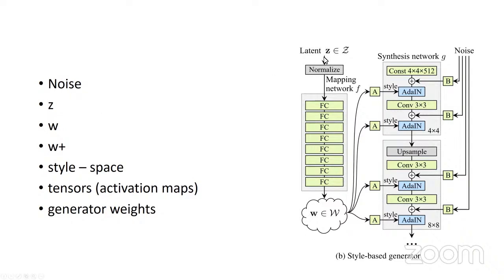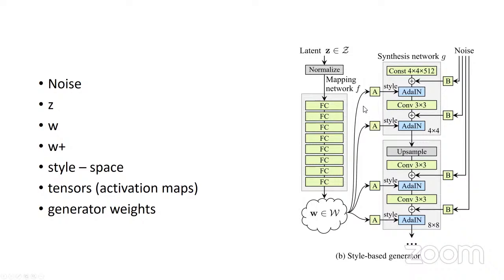So this is what people looked at: noise, which is the part on the right, the Z, which is what goes into the mapping network in the beginning, W, which is the default output of the mapping network, and W plus is simply if you go from the output of the mapping network, you see all these arrows going into these A boxes. By default, the W code is simply replicated 18 times here. It's possible to split it into 18 different codes instead of having the same W code each time the W code is injected.